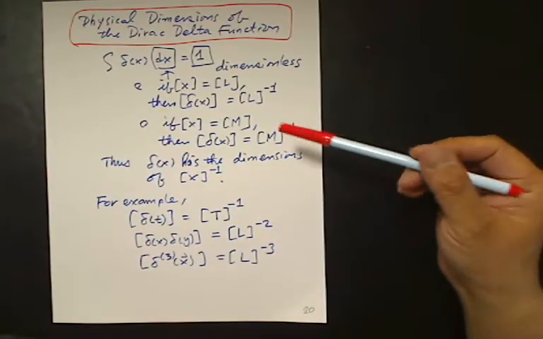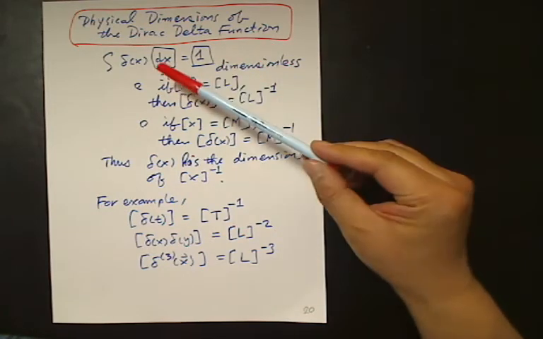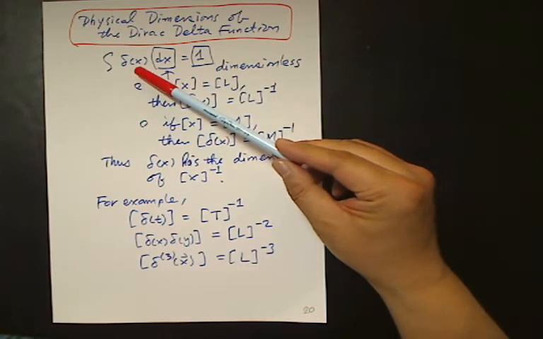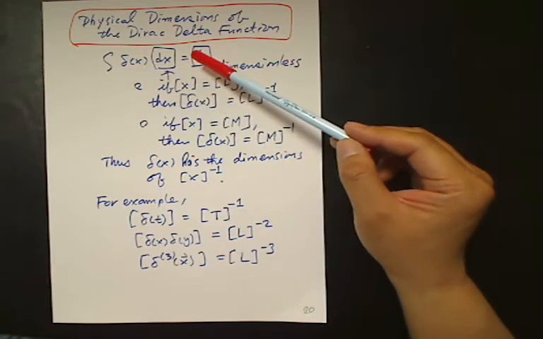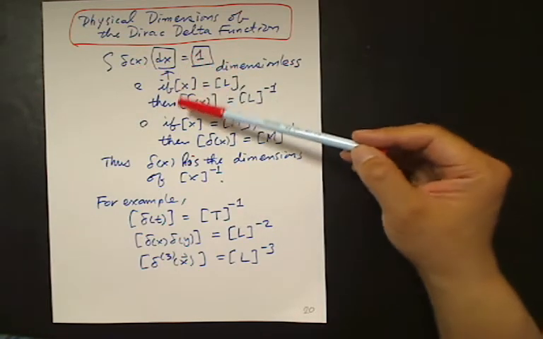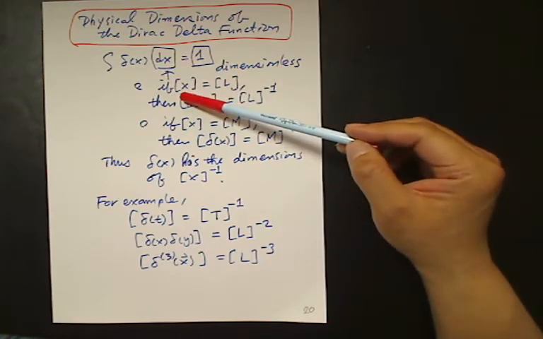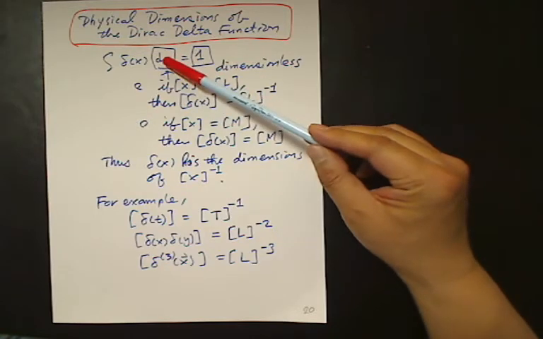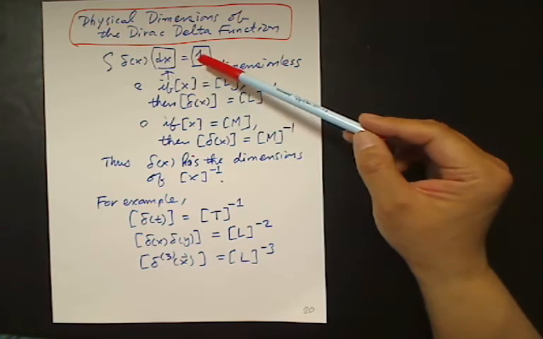Next, we consider the physical dimensions of the Dirac delta function. We remember the integral of the delta function over the same variable is 1. Suppose that x has the dimension of length, such as a displacement. Then, after multiplication by dx, it becomes dimensionless.